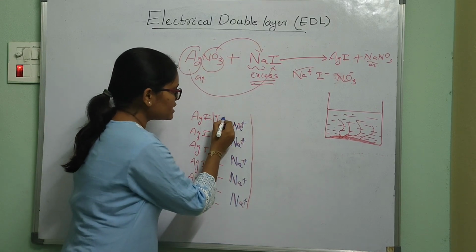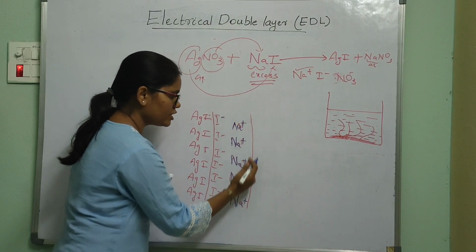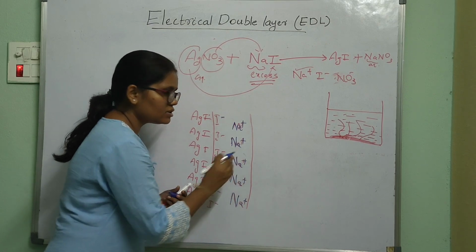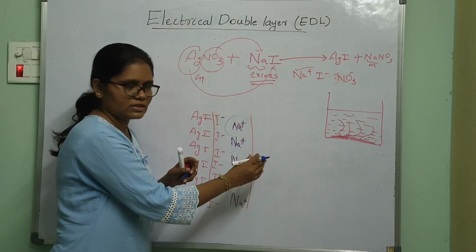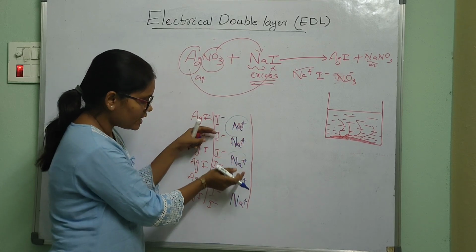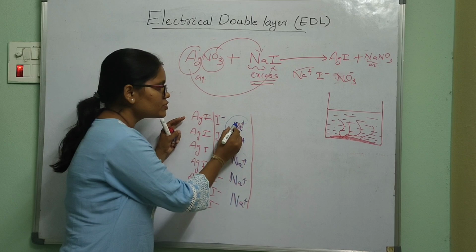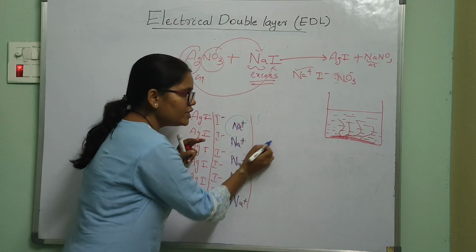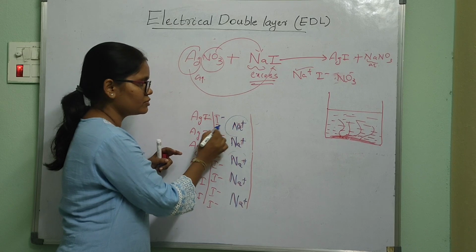So since this negatively charged colloidal particle attracts the sodium ions, the diffusivity or movement of these sodium ions decreases, since they are strongly held by attractive forces from the colloidal particle. These sodium ions are not free to move in the solution because they are bound by the attractive forces.